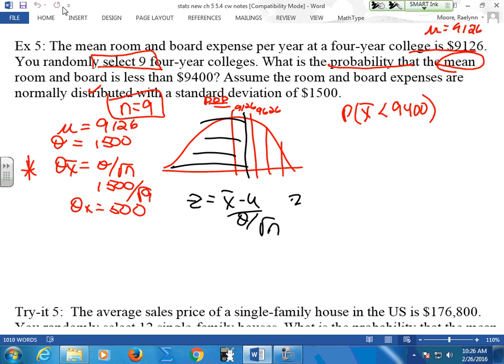So we're going to say the mean minus the population mean, puts our z-score to be positive, take the standard deviation, divide it by the square root of 9. So now your z-score should come out to be 0.55. When you look up the area to the left, you're about 71%.